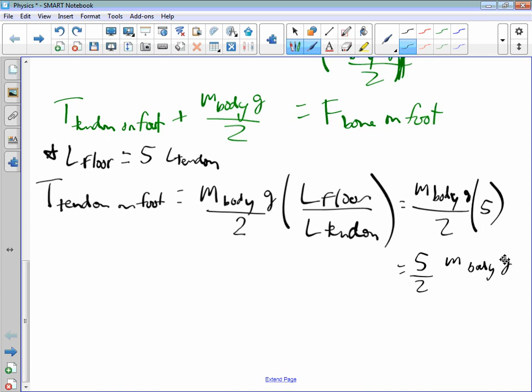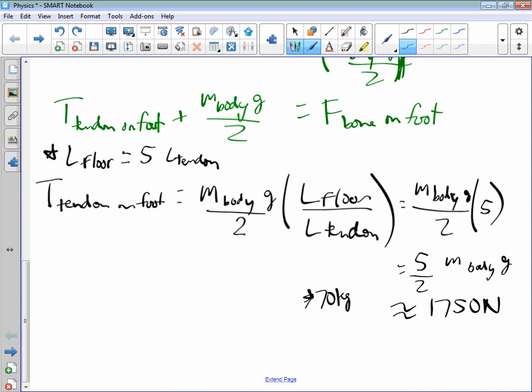Then we're given another little hint within it. Let's say we pick a mass for this person. If it is a 70 kilogram person, and we were to punch this in, 70 times 9.8 times 5 divided by 2, they're saying that this is going to be about, and I think they take it times 10 for easier math, about 1,750 newtons is the tension of that tendon on the foot.